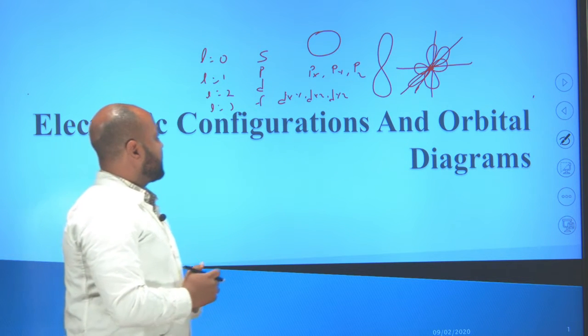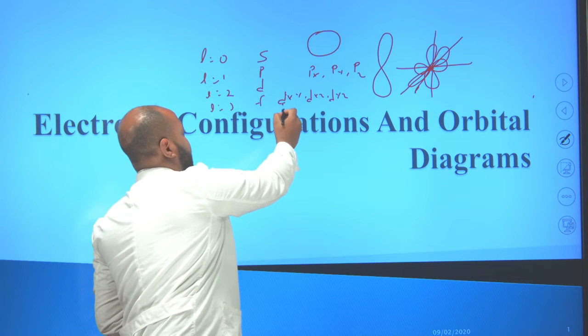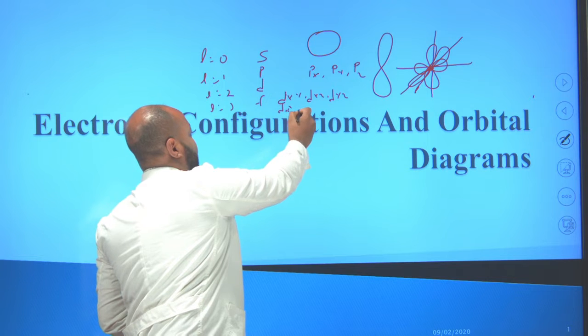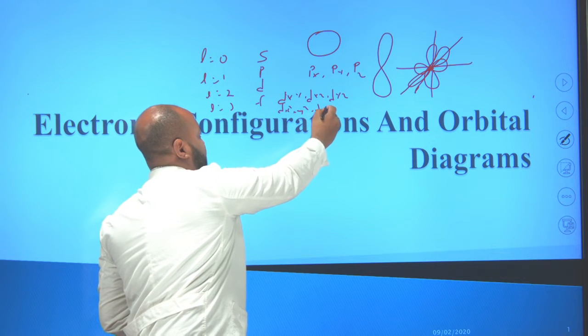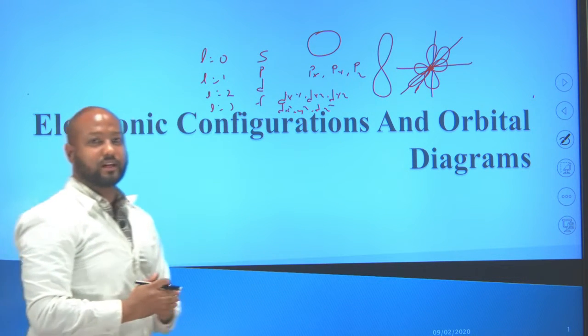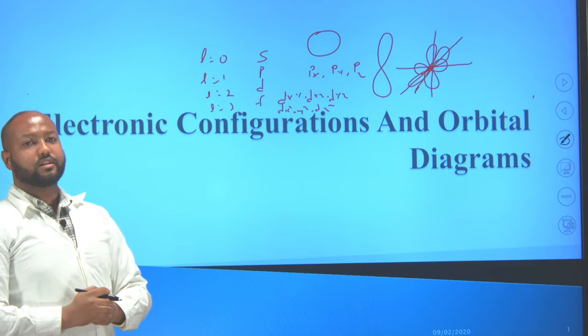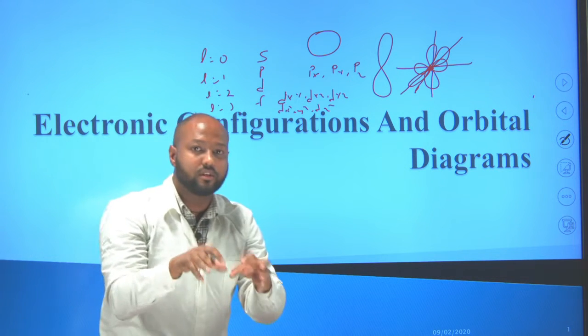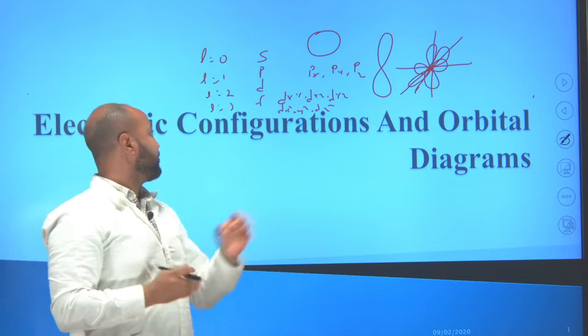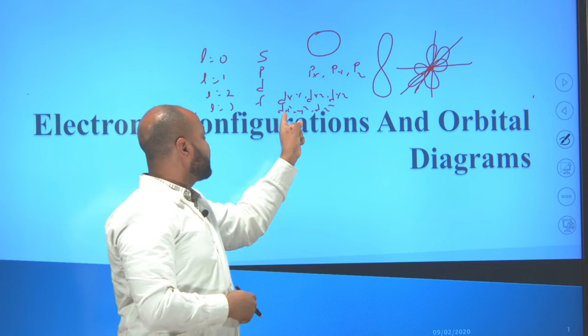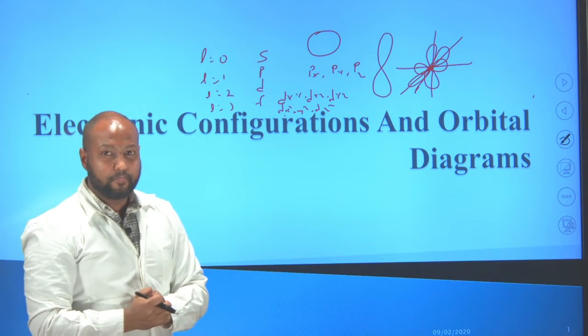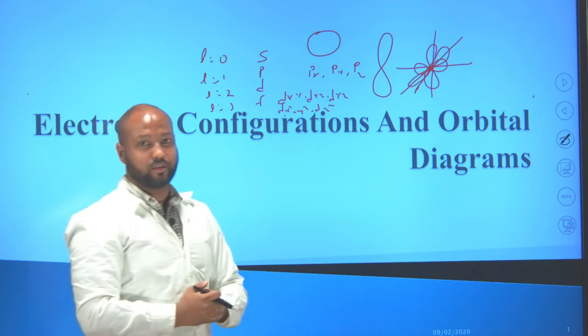The two d orbitals, dx squared minus y squared and dz squared, are oriented on the axis of x squared minus y squared and on the axis of z squared.